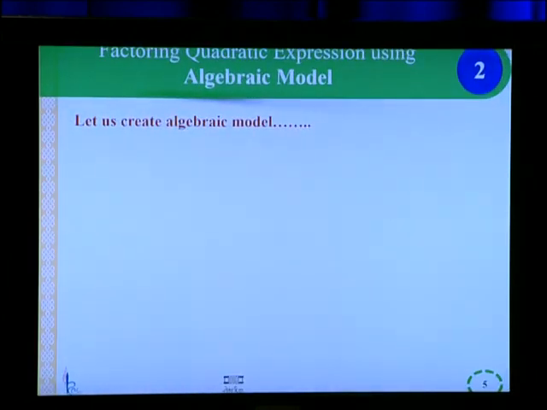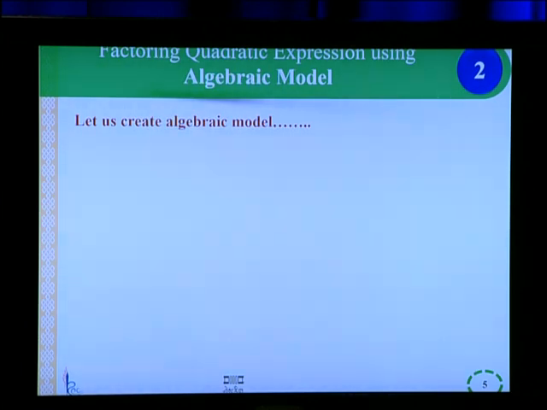Now, next let us try to see factoring quadratic expressions using the algebraic model. Now, what do you think is an algebraic model? Let us first create our algebraic model.